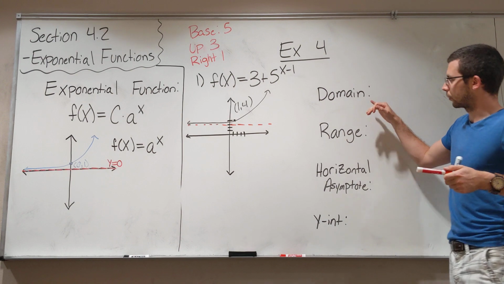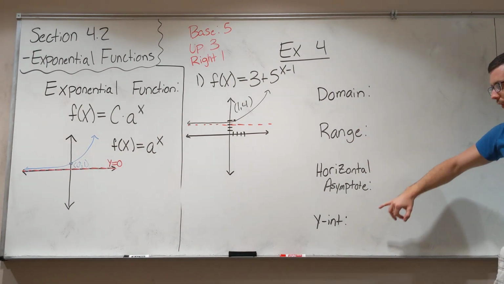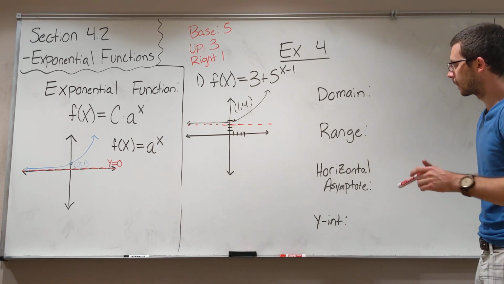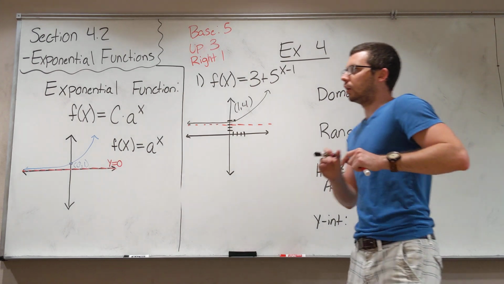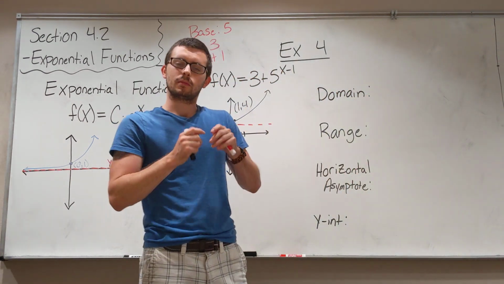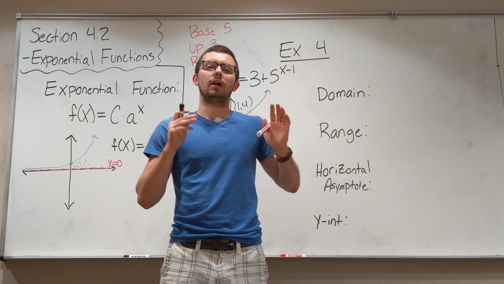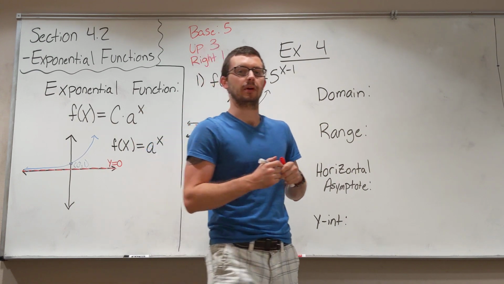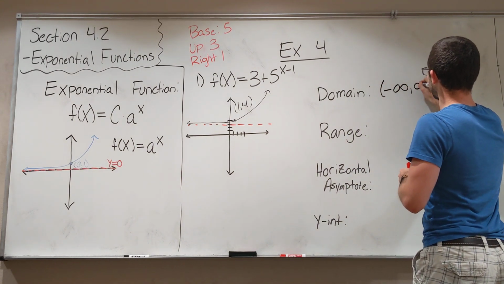From here, it'll also ask us to determine the domain, the range, horizontal asymptote, and the y-intercept. So what may be convenient about this section? As I mentioned in the notes, every exponential function has an all-real domain. The domain for an exponential function is always negative infinity to positive infinity.